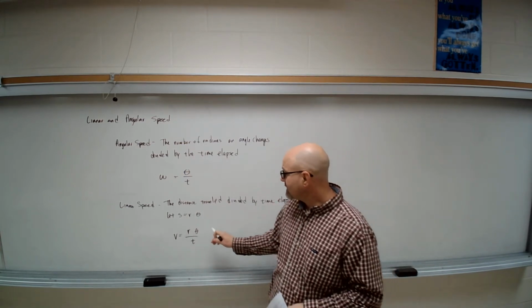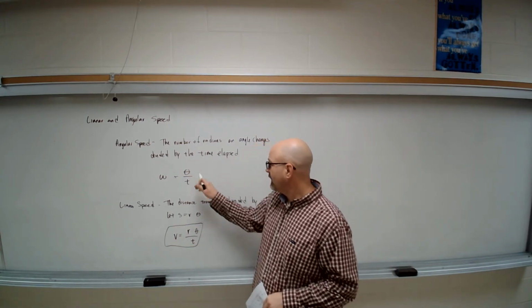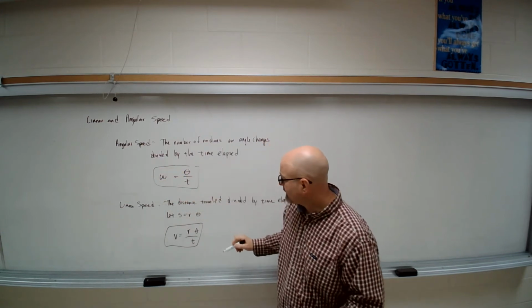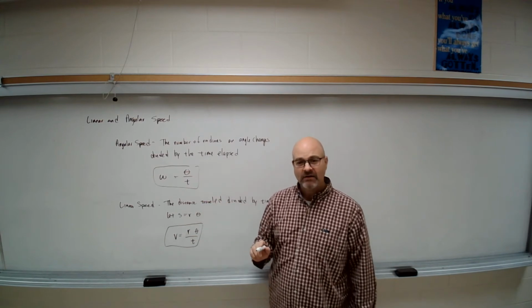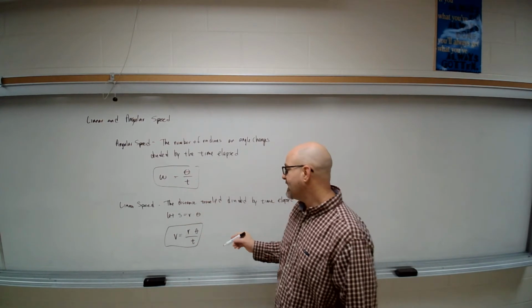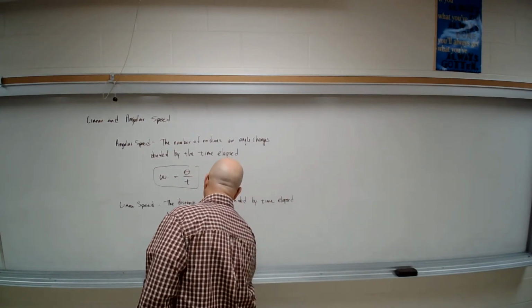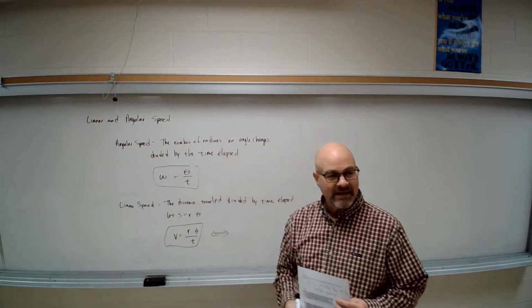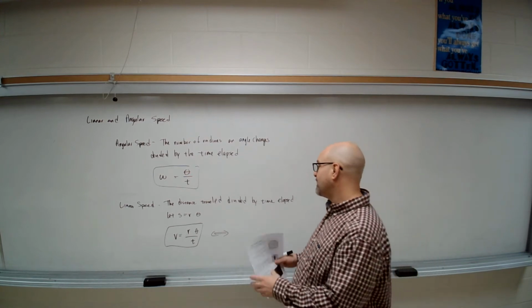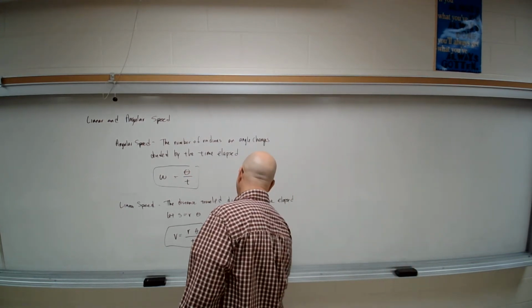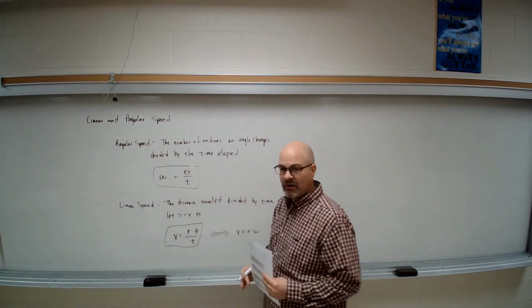Now, this is a fine one to use. I don't really tend to use that one because if you notice, theta divided by time is just omega, correct? So it's really nice to note that if you already know the angular speed, which you're usually going to have to find anyways in the problem, it's easier to say the linear speed is just r times omega.